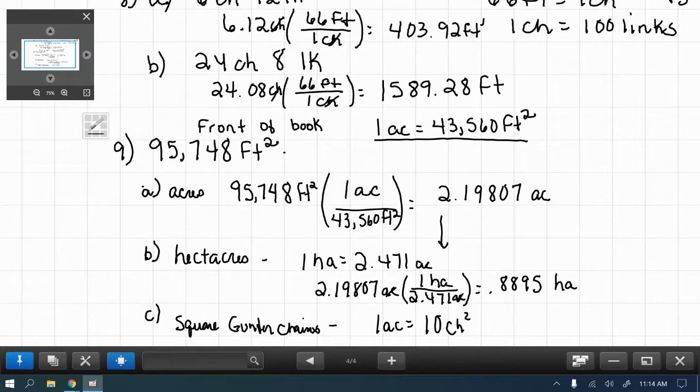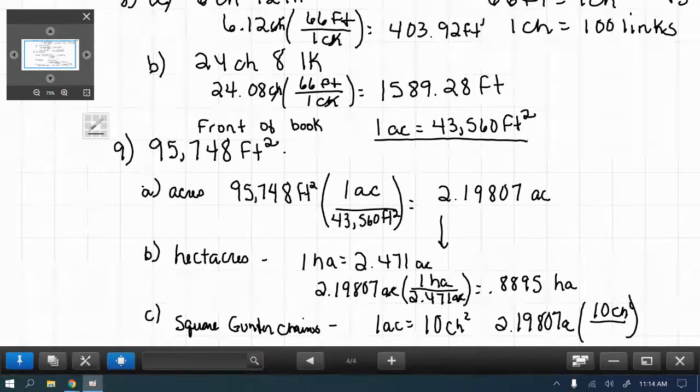So I'm going to bring that acres right here. And they want it in square chains, so I'm going to put 10. And what did you get for that one?